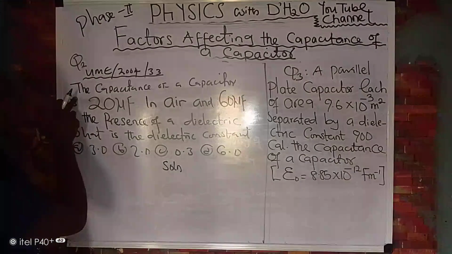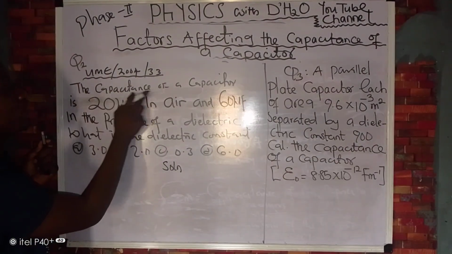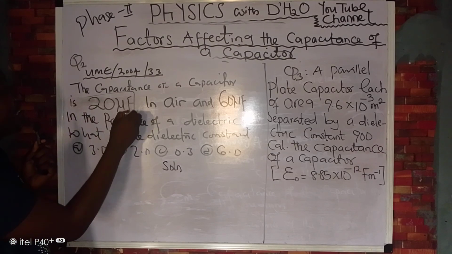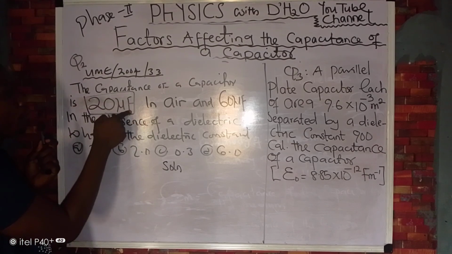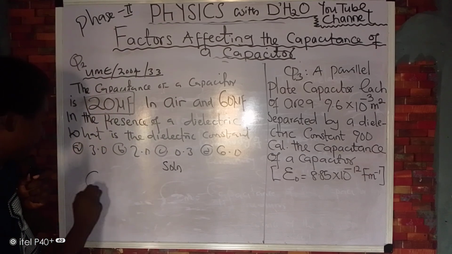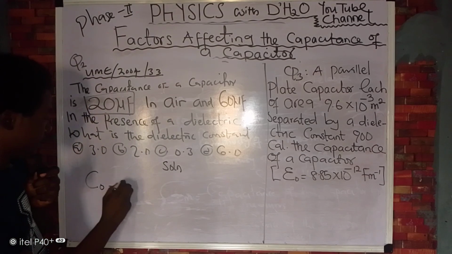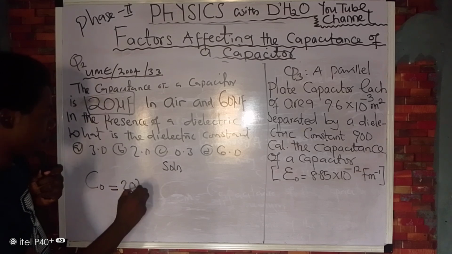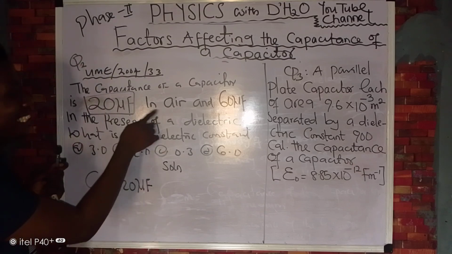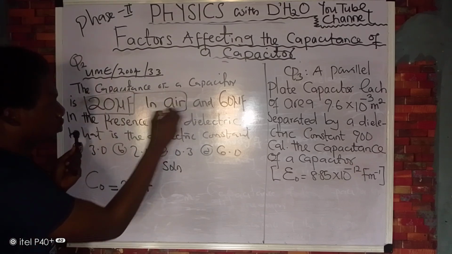Now, question number 2 says the capacitance of a capacitor is 20 microfarad in air. Remember what I told you, in air, it means that C0 is 20 microfarad. Note it.